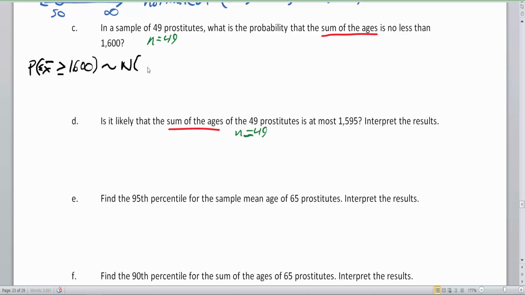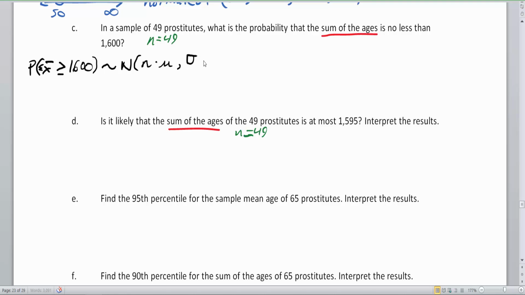And this n for the sum of ages is going to change the average a little bit, because instead of just using the average, we now are going to multiply the sample size times the average, because if we're looking at the sum of the ages, we need to take each age and multiply by our sample size. So that needs to be an adjustment there. Also, the standard deviation isn't quite the same.